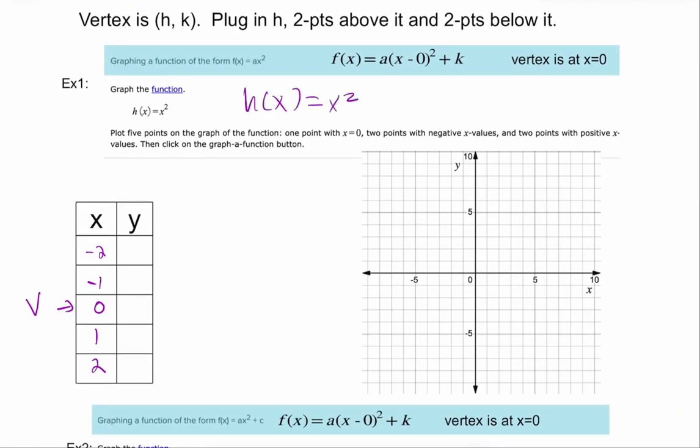So if we want to graph h of x equals x squared, just make sure that when you're putting in that number, when you square it, it is going to become a positive. So -2, that quantity squared is 4. -1 squared is 1. 0 squared is 0. 1 squared is 1. 2 squared is 4. And let's graph our parabola.